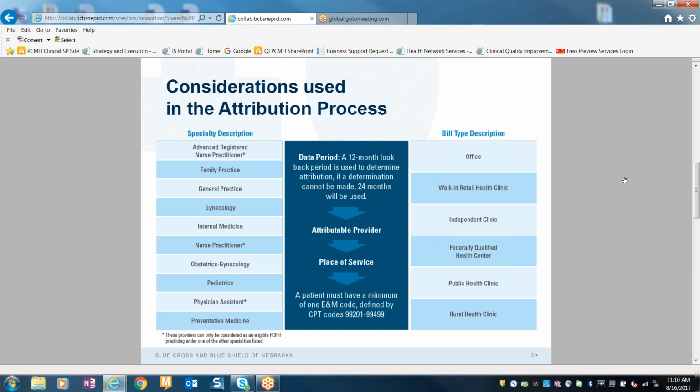So they're submitting claims just for the lab draw only. So again, when thinking about this from a holistic perspective, all three criteria need to be met for attribution, or for that visit to count towards the attribution methodology.